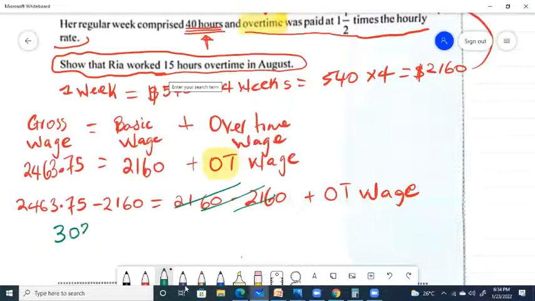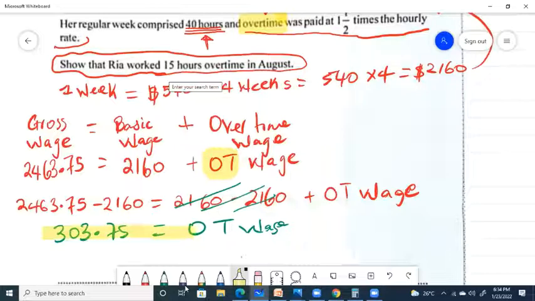So 303.75. And this is what? Look on the right side. This is overtime wage, or overtime money. Now we have gone into the overtime section where only overtime things can work. Now, in order to prove that she worked 15 hours on overtime, all I need to do is to see how much she is paid on overtime, and that is called the overtime rate.